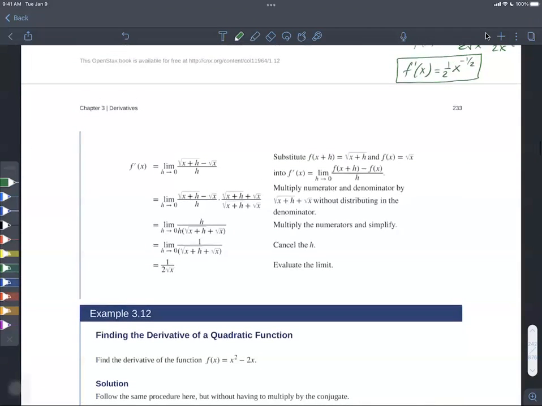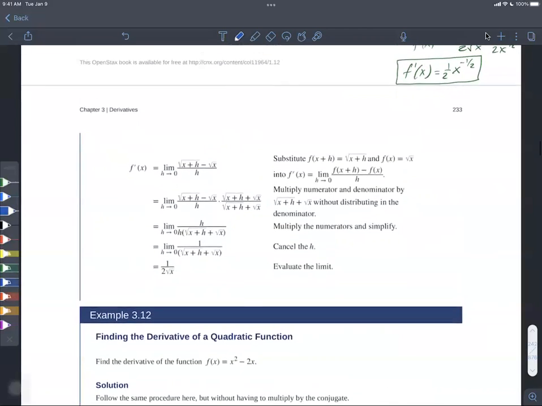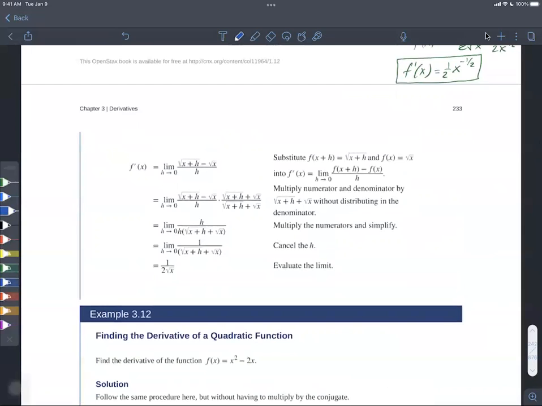Okay, finding the derivative of a quadratic function. Well, how would we do this? We can use the same limit if we want to: the limit as h approaches 0 of f of x plus h minus f of x divided by h.